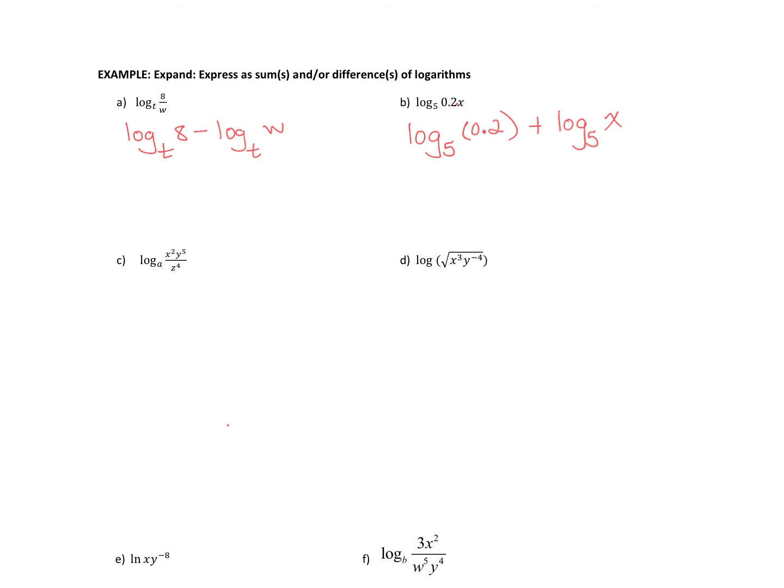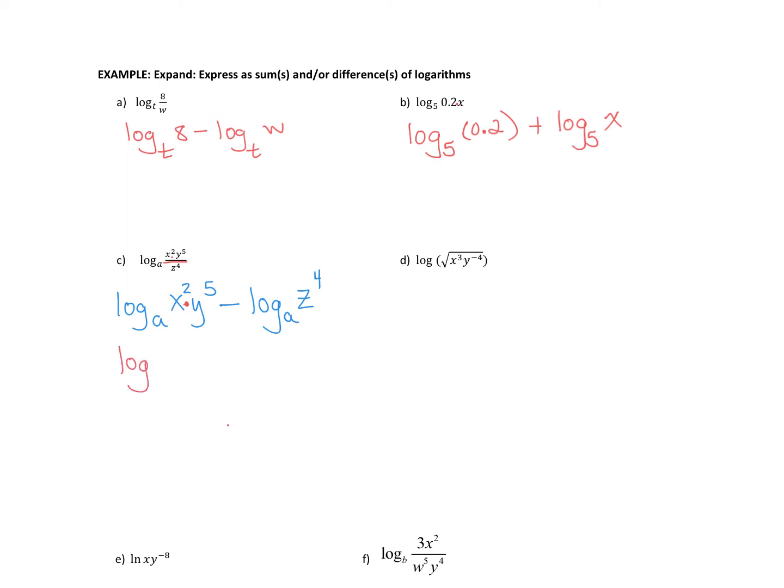Now, these are going to get a little more complicated because not only do I have a product, I also have a quotient and I have some powers. So step by step, it might look like this. We'll first deal with the quotient. Log base a of x squared y to the 5th, so log base a of the numerator minus log base a of the denominator. Then I notice that I have a product, so I will break that one up.